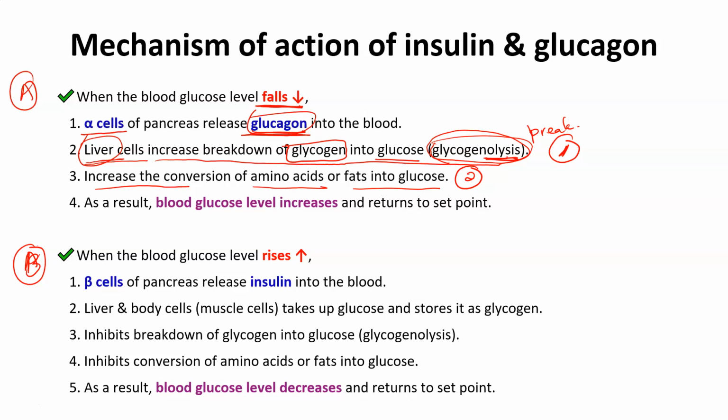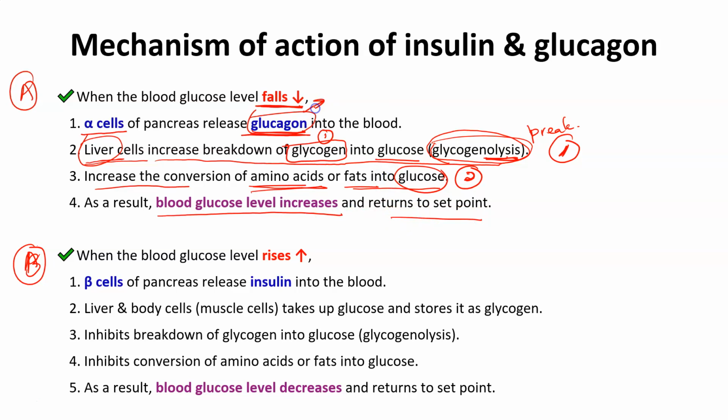So firstly it will break glycogen, and secondly it will take a source from protein. Protein has amino acids, so the amino acids and also fat stored in the adipose tissue will be converted into glucose. This is another way to increase the blood glucose level. As a result, blood glucose level increases and returns to the normal set point.